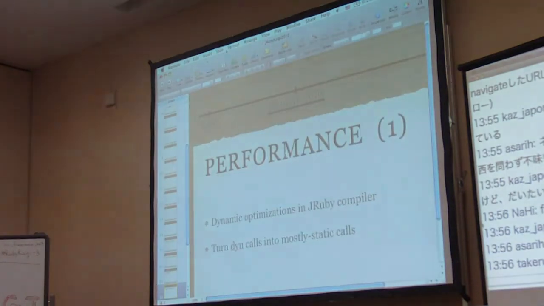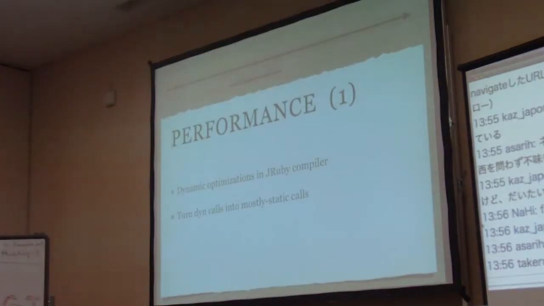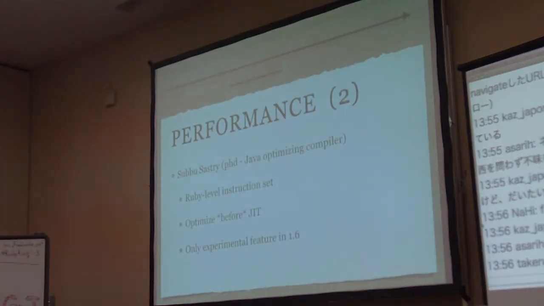Okay, how are we doing? You want to talk about the IR stuff? Sure, just a little bit. We have another committer, Subbu Sastry. He got his PhD writing an optimizing Java compiler, and he's now learning how to make an optimizing Ruby compiler.